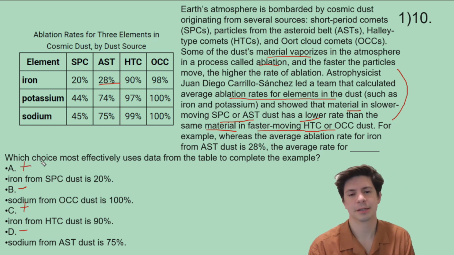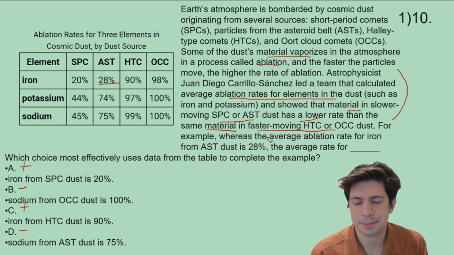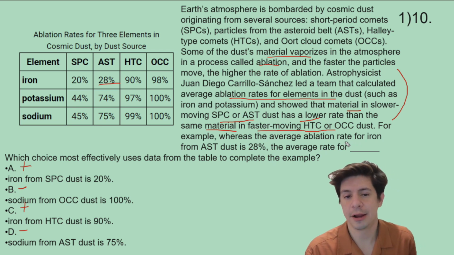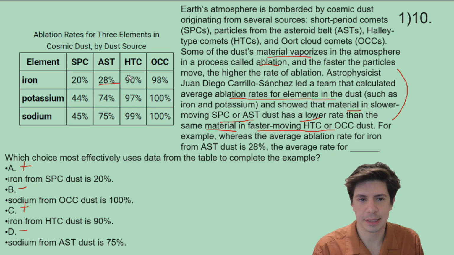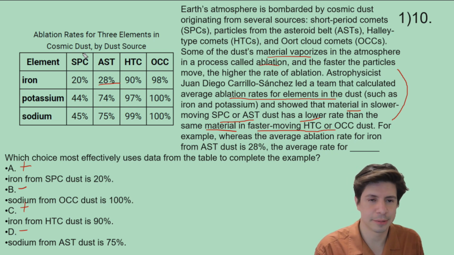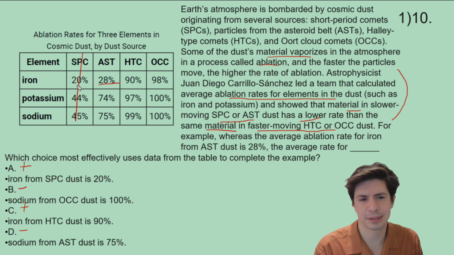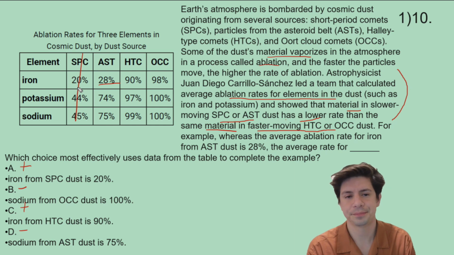And then, they're saying that the average ablation rate for iron from AST dust, and AST dust is slow, has a slower rate, right? So it should be lower than the ablation rate in something that's fast moving. So the fast moving is not SPC or AST. AST is the one we already talked about. SPC is also slow moving, so it should be about the same, and you see the 20% there.